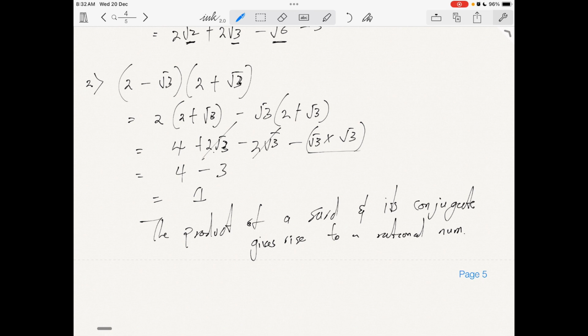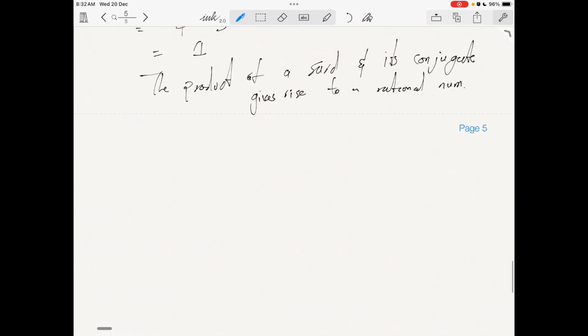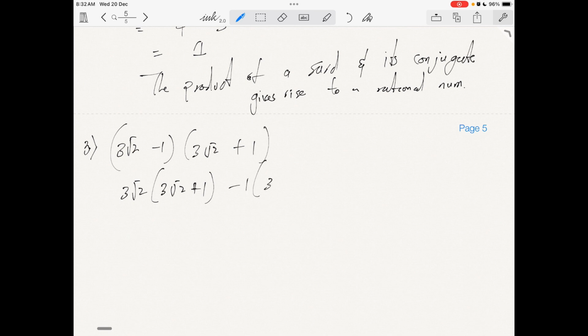Okay, let's try another example. Let's say number 3, we have 3 root 2 minus 1, and the conjugate of 3 root 2 minus 1 is 3 root 2 plus 1. We just open up the bracket like we usually do. So that's 3 root 2 into 3 root 2 plus 1, minus 1 into 3 root 2 plus 1.